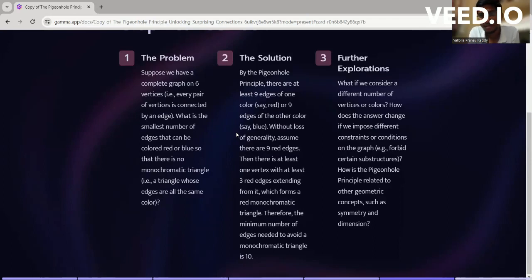If there are 9, then if you take 3, 3, it will become a monochromatic triangle. But if you take a 10th edge, then we can avoid the monochromatic triangle. If you want to further explore this type of question, you can try geometric concepts such as symmetry and dimensions.